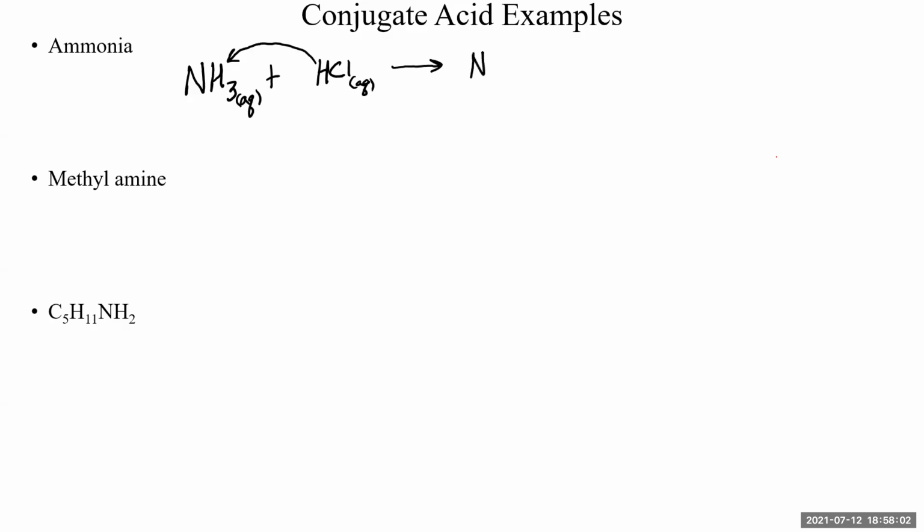And so we're going to make ammonium. So that 3 becomes 4. Why? Because of that hydrogen. In fact, maybe it's better if I draw the arrow like this. So we end up with NH4, ammonium ion and chloride ion.